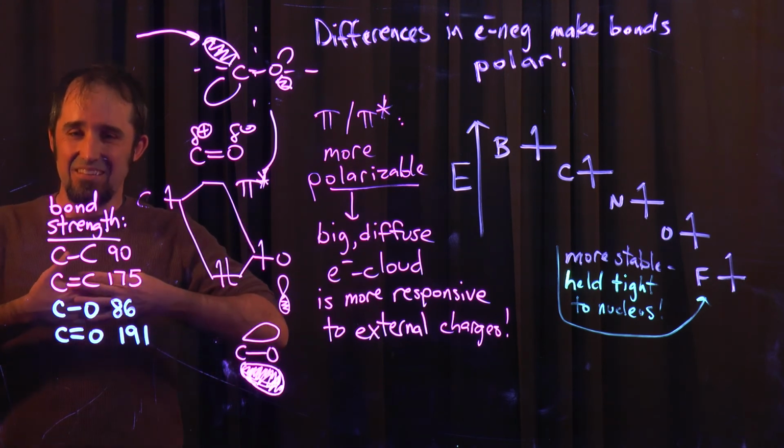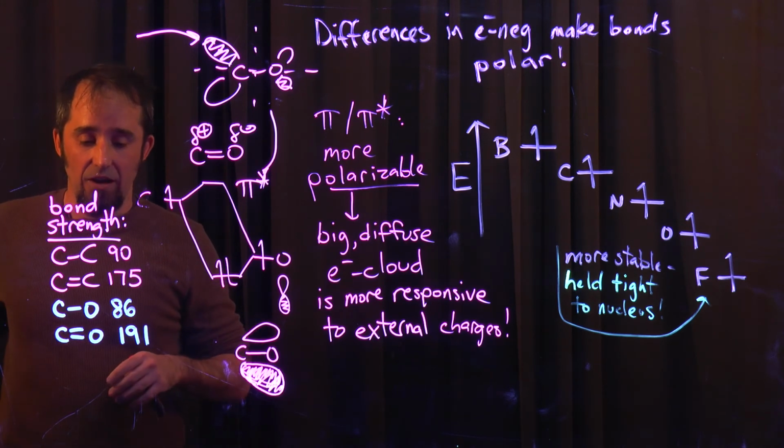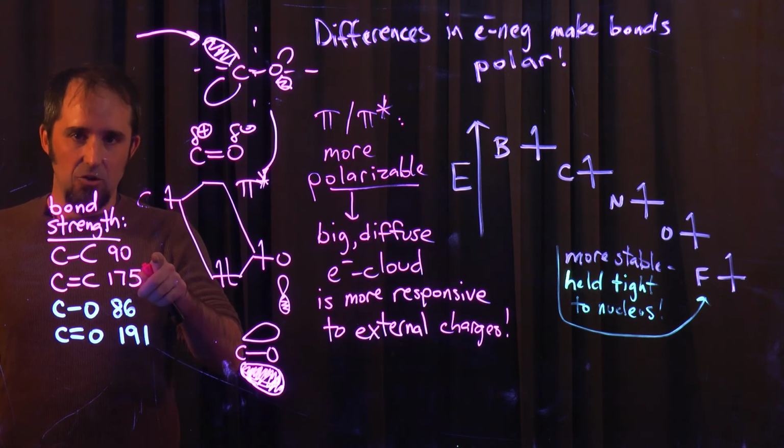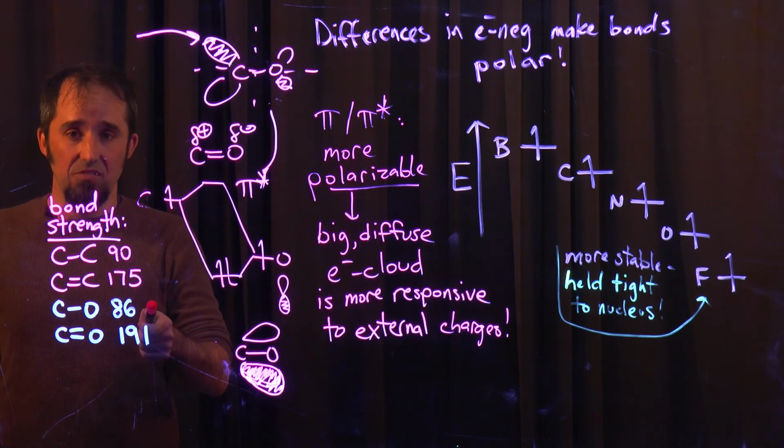They're not that nice direct overlap that a sigma bond has. So sigma bonds are generally stronger, right? And so that's why the carbon-carbon double bond isn't just double a single bond. However, if I look at carbon-oxygen, the carbon-oxygen double bond is actually quite a bit more than twice the bond energy of the C-O single bond.